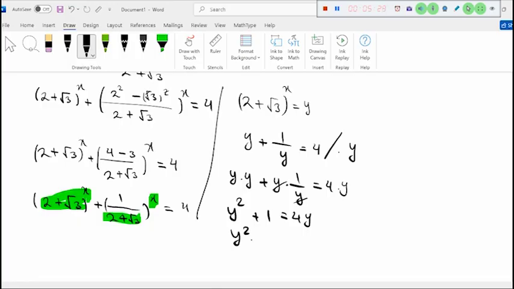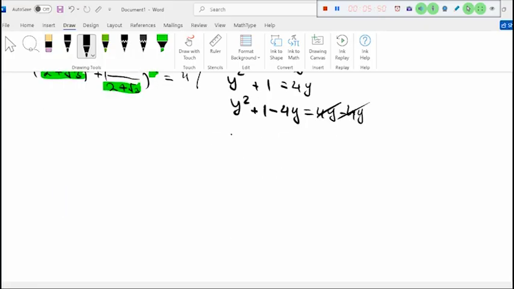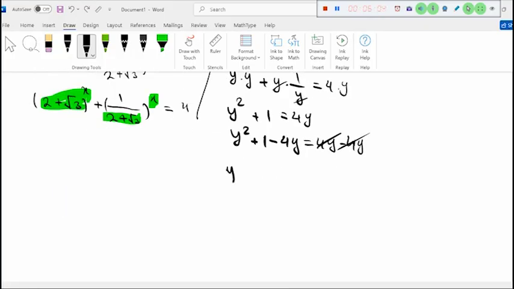Then we can write y² + 1 − 4y = 4y − 4y. Then y² − 4y + 1 = 0.